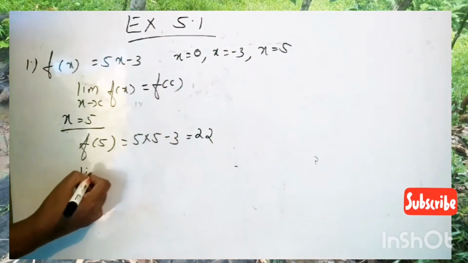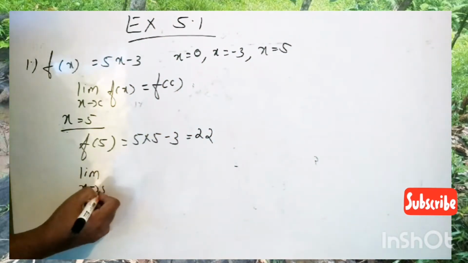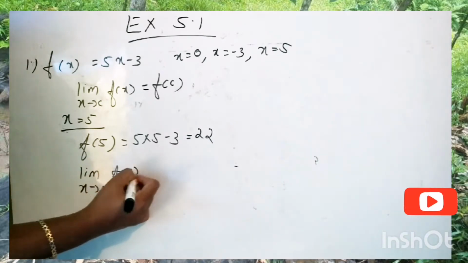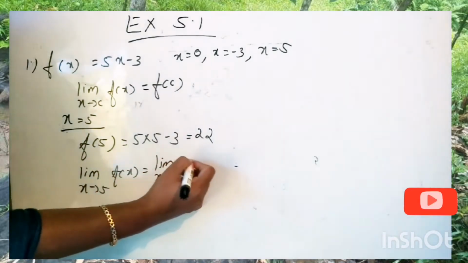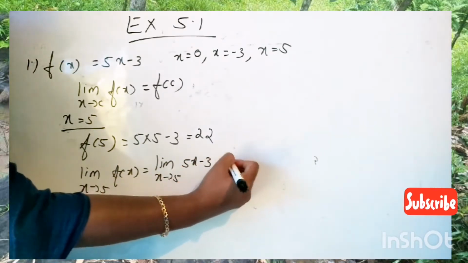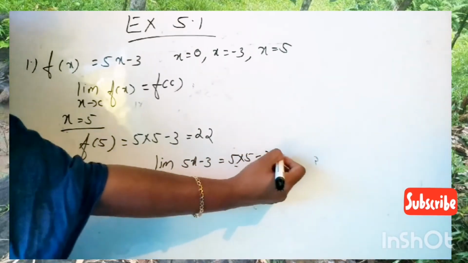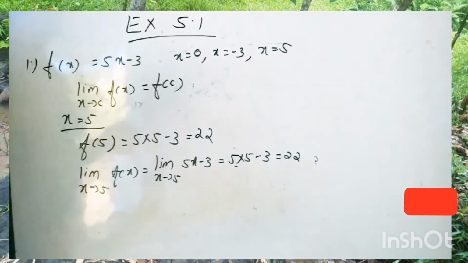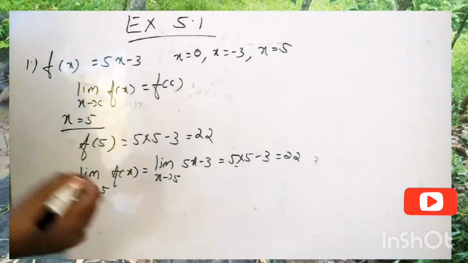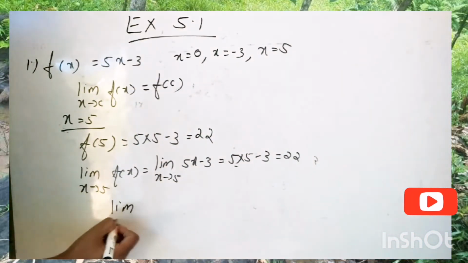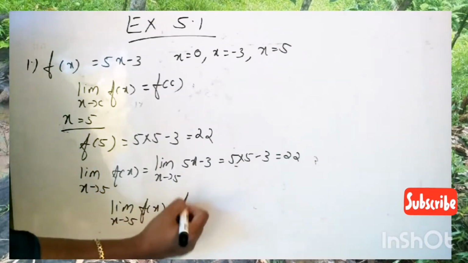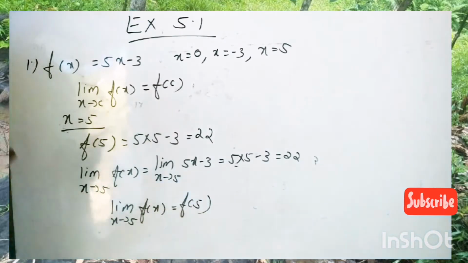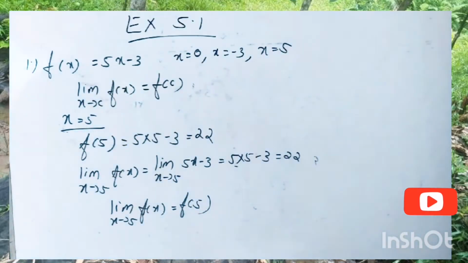And limit x tends to 5, f of x is equal to limit x tends to 5, 5x minus 3, that is equal to 5 into 5 minus 3 is equal to 22. So in this case also we will get limit x tends to 5, f of x is equal to f of 5. That is, the function is continuous at x is equal to 5.